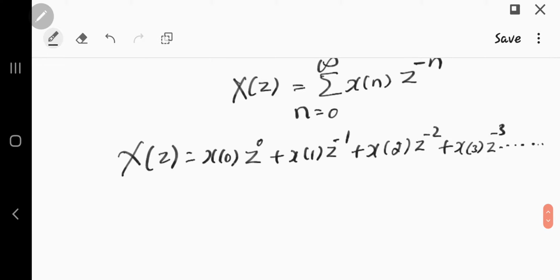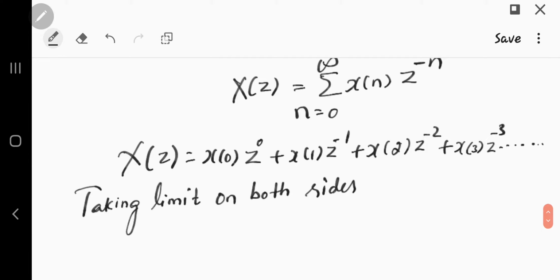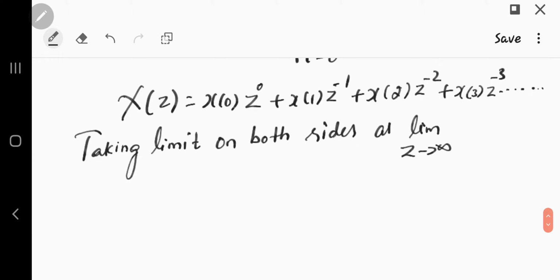Now for this, taking limit on both sides as z tends to infinity. So limit z tends to infinity of x of z is equal to, so what happens to this term?